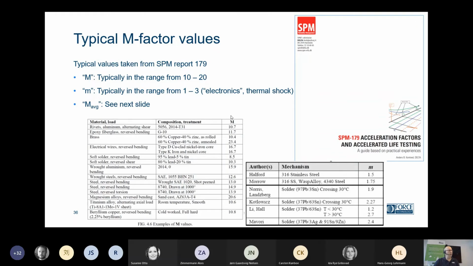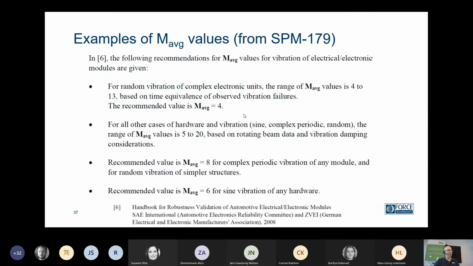And we look at this average value for electronics on the next slide. Here I have mentioned a reference called 6 at the bottom. It's a document from an organization called Zvei, and on their website you can find this handbook for robustness validation of automotive electrical and electronic modules.